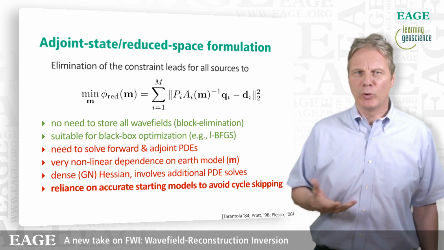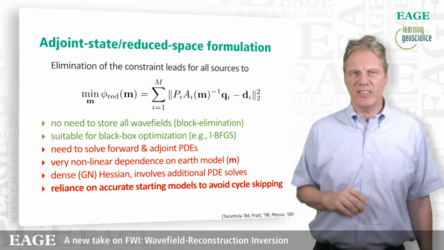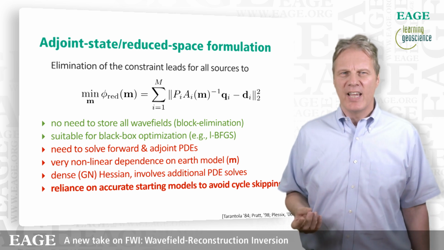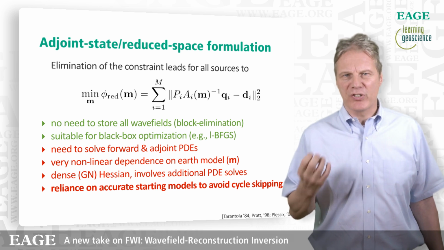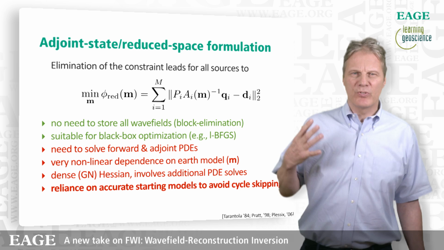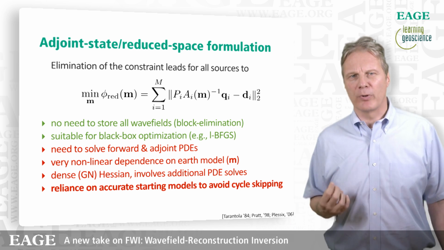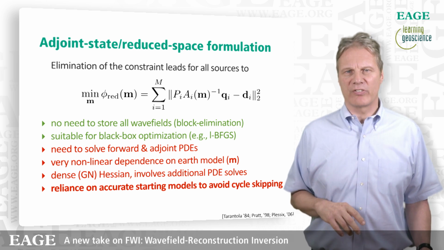It's a very suitable approach to do black box optimizations, for instance, through L-BFGS, but it needs to solve both forward and adjoint wave equations. It's extremely nonlinear in the Earth model parameter M, which is a real complication. It leads to dense Hessians, which is not good. And that's the showstopper, it has very strong reliance on accurate starting models to avoid cycle skipping.